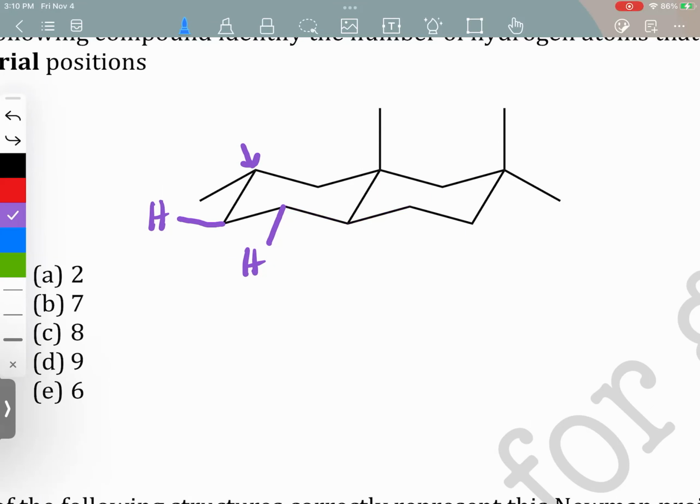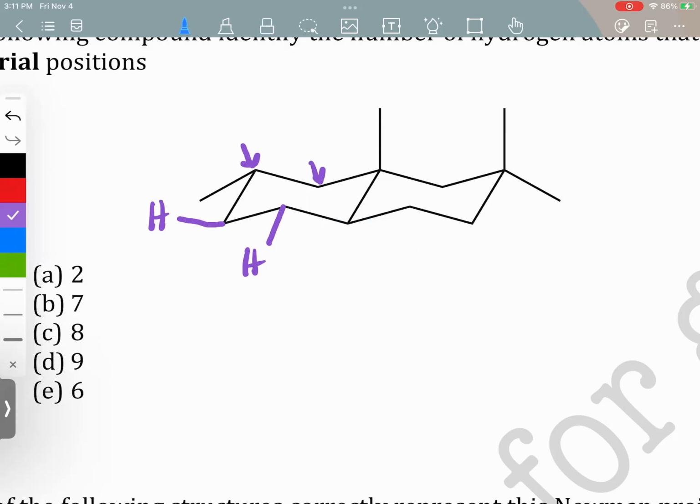So the only other way this hydrogen can go is down axial, like that. It won't go down equatorial, because then it would be along the same line as the carbon attachment there, which we'll call steric. So there are no equatorial hydrogens on this carbon.